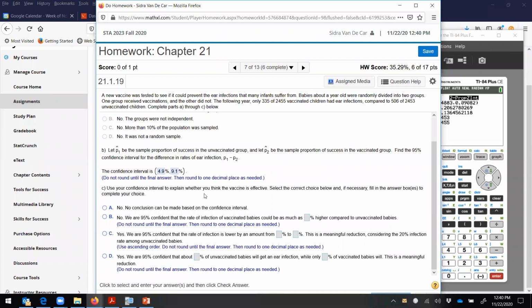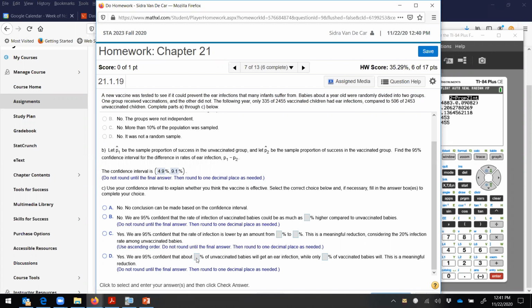Use your confidence interval to explain whether you think vaccines are effective. Okay, so this does not contain 0, right? So the one that came first was bigger. So the unvaccinated group had more ear infections. We are 95% confident that the rate of infection of vaccinated babies is higher. Nope. We are 95% confident that the rate of infection is lower. Huh?